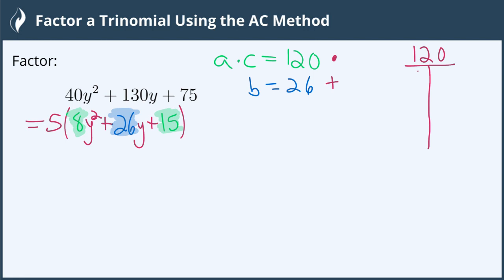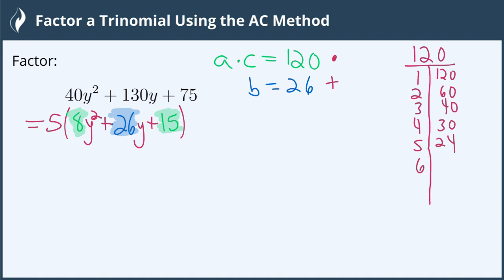So I start with 1 times 120, and then I try 2. How many times does 2 go into 120? Well, that would be 60, so 2 times 60. And I just keep going down the list, 1, 2, 3, 4, okay? So 3 and 40, 4 and 30, 5 and 24.